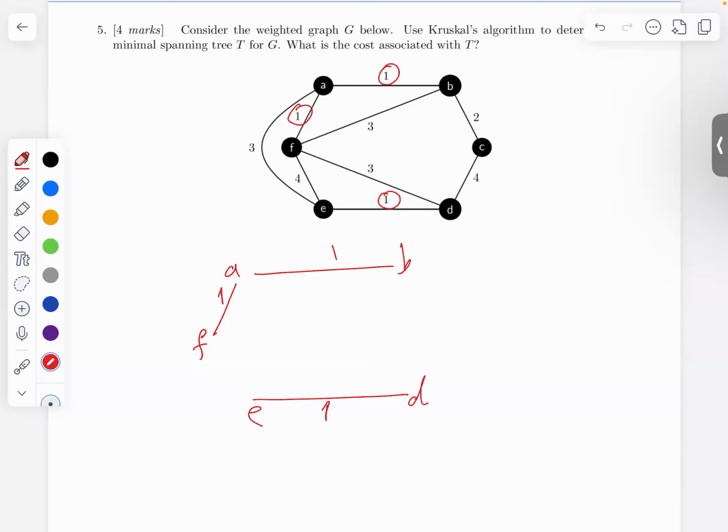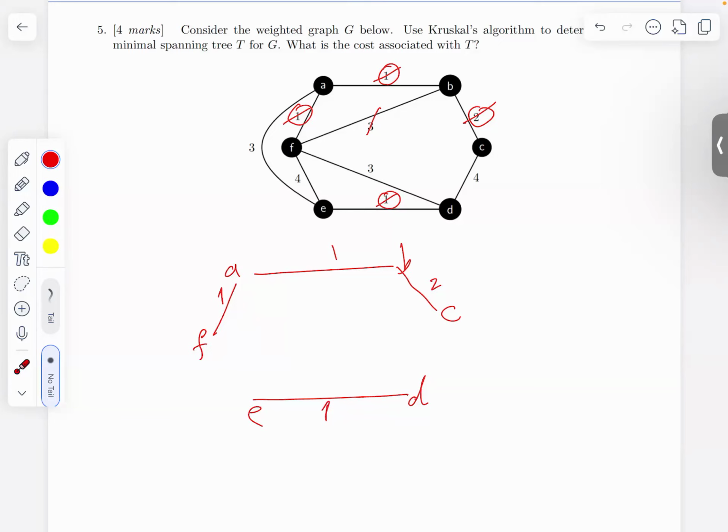I also now go to focus on 2, C. Now I have to focus on the 3. So I cannot use this one here.